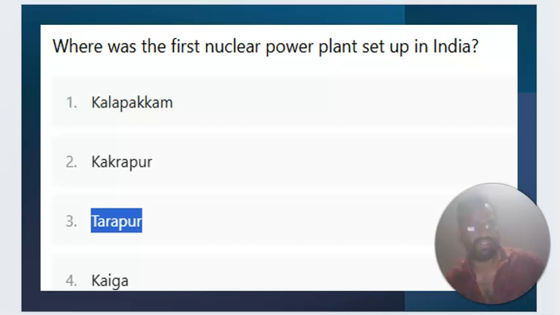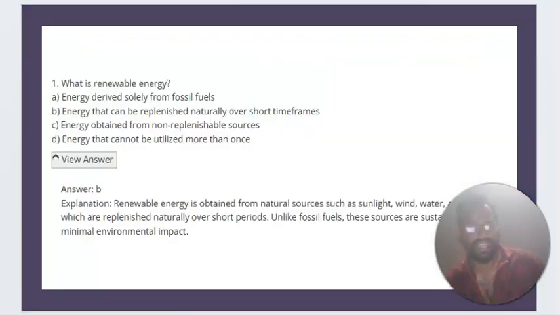Now coming to the next bit, the 10th slide. What is renewable energy? It came in various competitive exams. B is the right answer: energy that can be replenished by nature over a short time frame. The explanation is also mentioned here, you can just go through it.